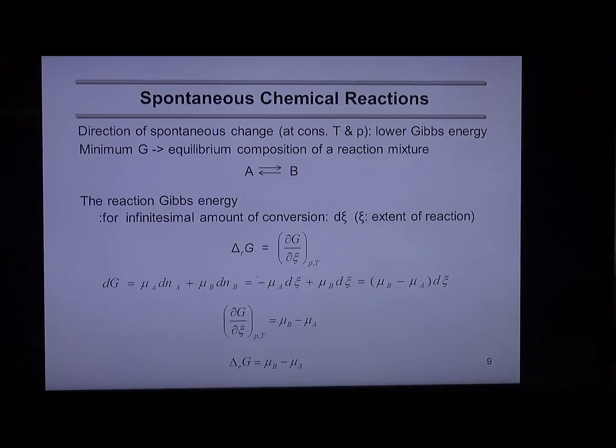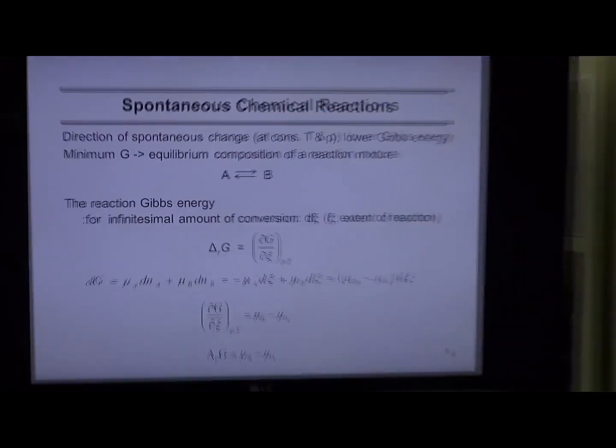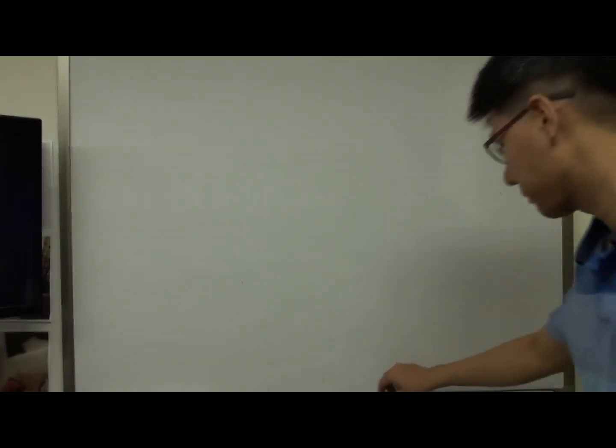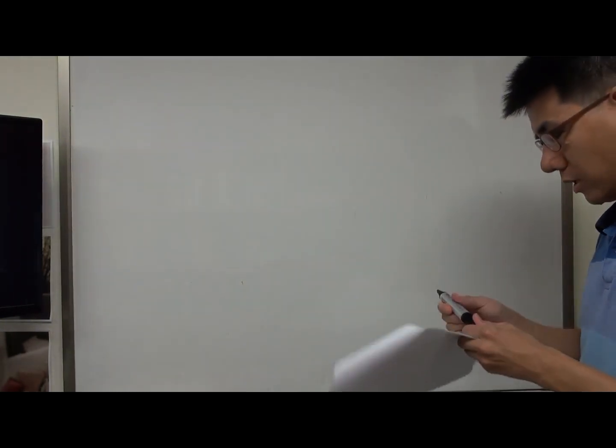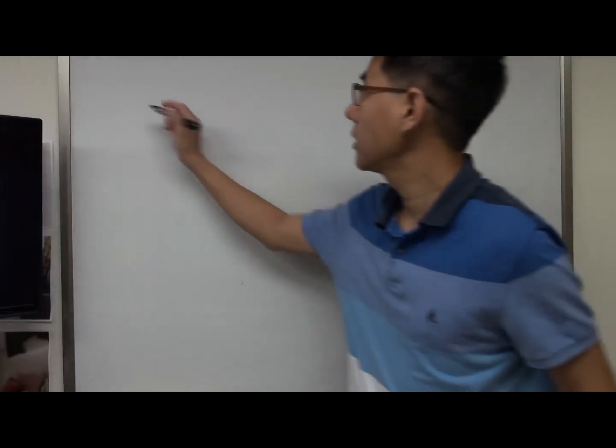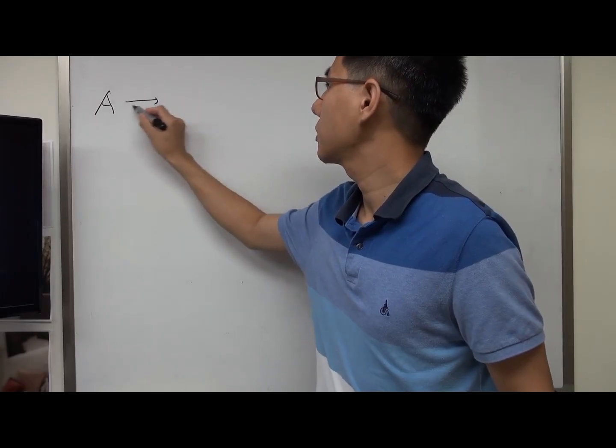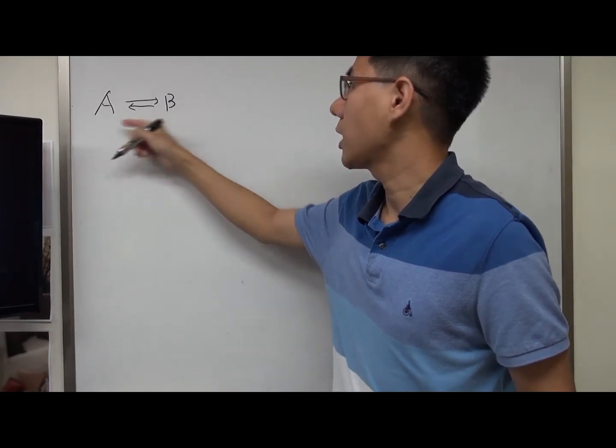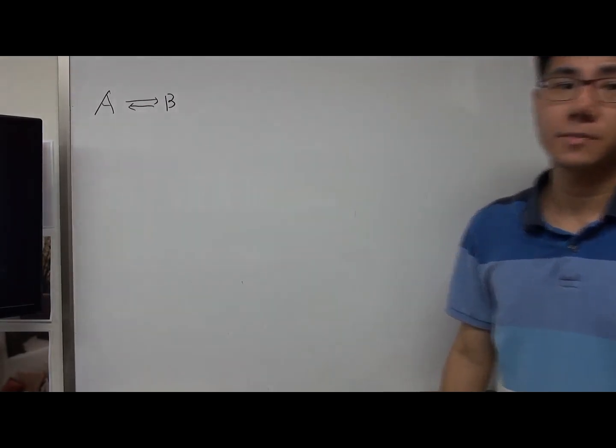Alright, so let's consider an equilibrium of A to B. Here's the whiteboard. We'll consider a very simple chemical reaction, A to B. A is the reactant, B is the product.